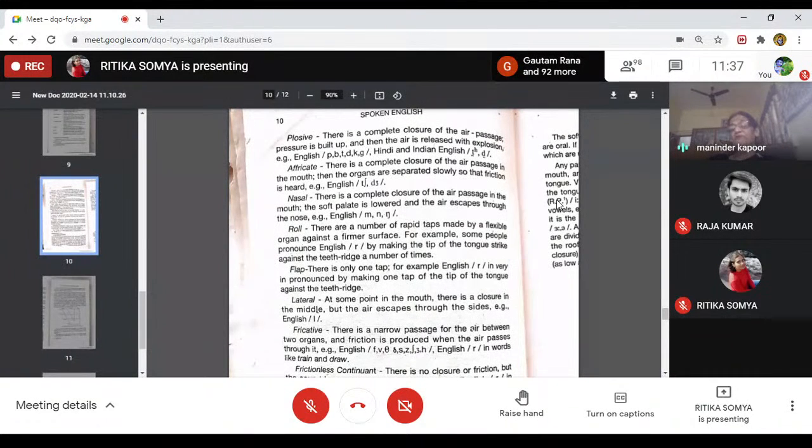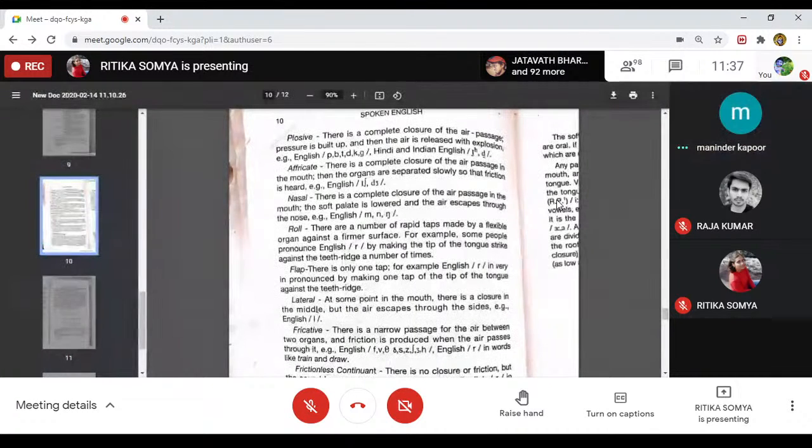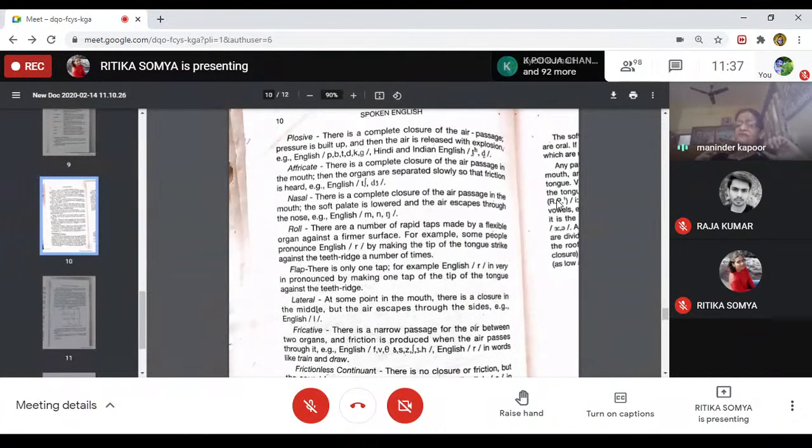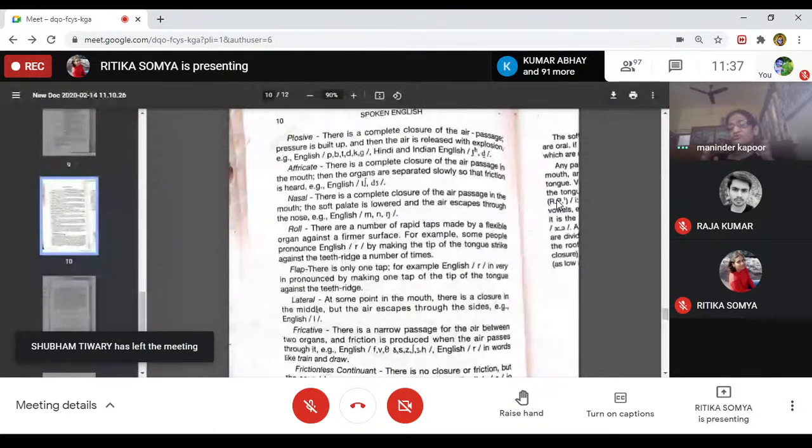But they don't call them complete vowels because of the place they occupy in a word, the initial sound in a word. The normal structure of a word is consonant, vowel, consonant. Any word you take, the initial sound and the final sound will be consonants, but the central sound will be a vowel.